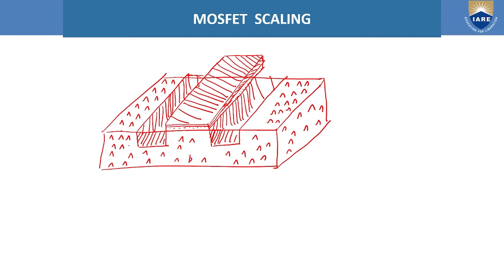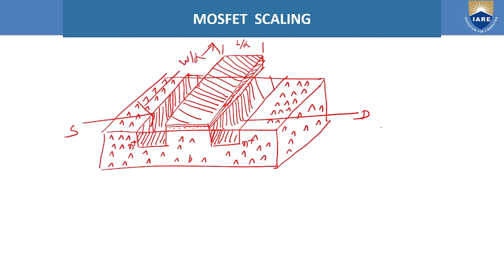So this is the N plus source, this is the N plus drain, and this is the polysilicon gate. The dimensions are like this. This is the length of the channel L, which is scaled by alpha, and this is the width of the gate W, which is also scaled by alpha.